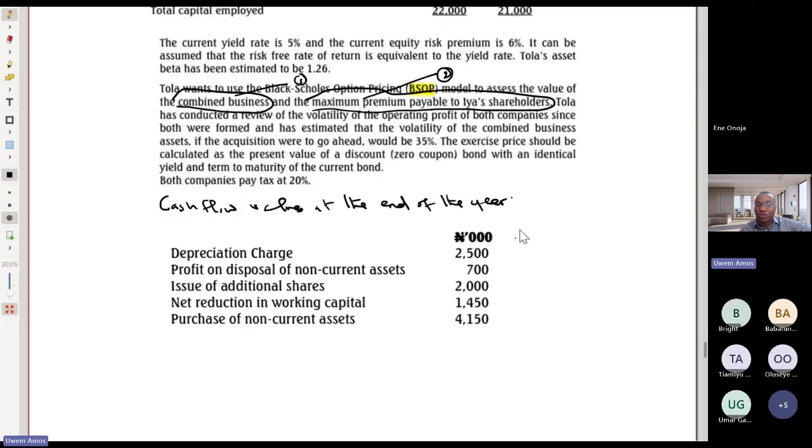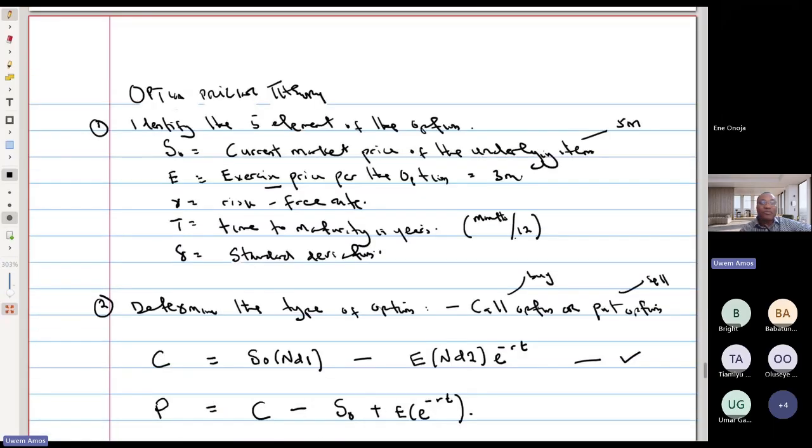That's why we need to use the Black-Scholes Option Pricing model. So let's go back to our option pricing model and begin to look at our steps. The first thing is we need to identify the 5 elements. And the 5 elements would be: 1, what is the current market price of the underlying item?